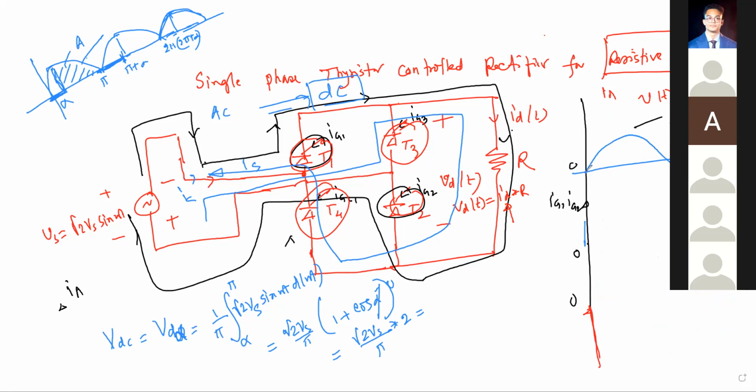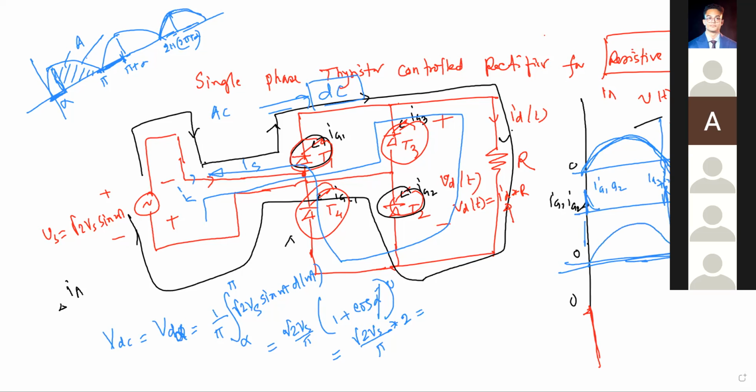This is your input voltage. You are applying the firing pulse here and here, and also here. It is IG1, IG2, IG3 and IG4. Then what will be the output voltage? How should it look?